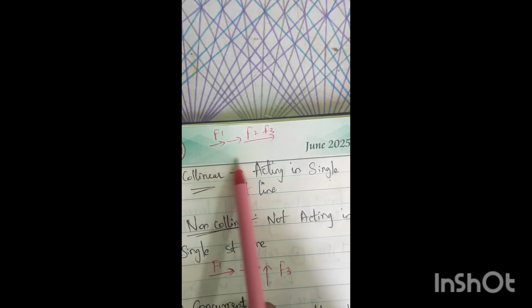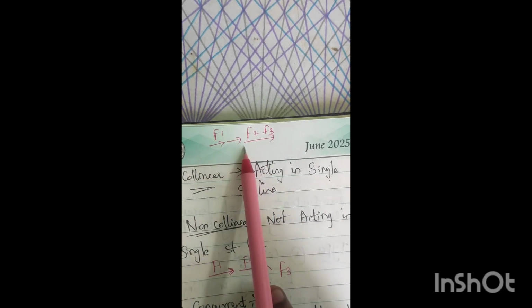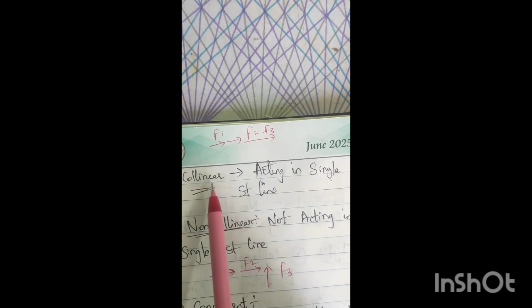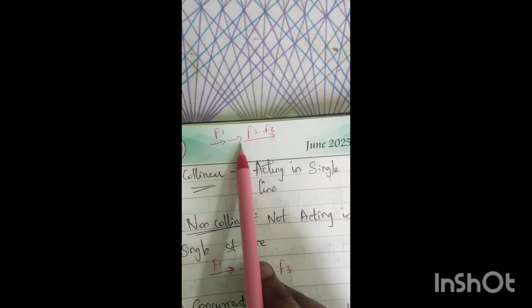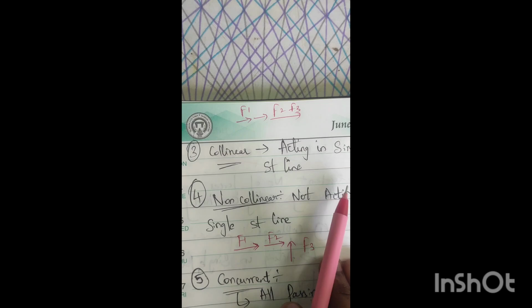So remember, whenever they give a figure like this, check in which direction the force is acting. You have to learn this about the system of forces and define which type of force system it is.